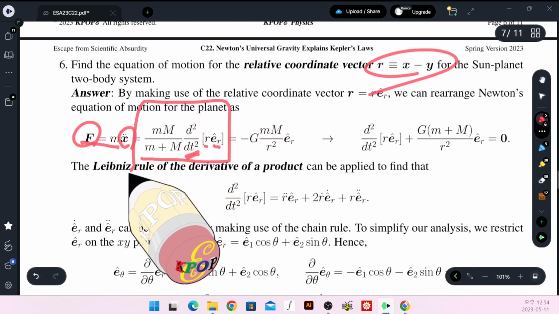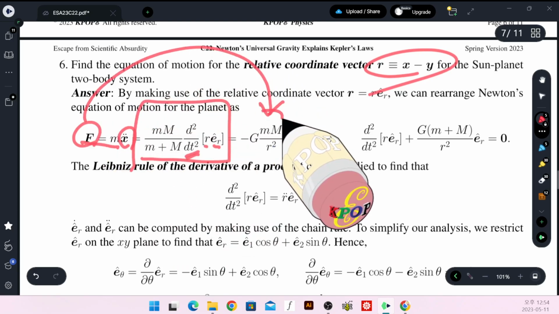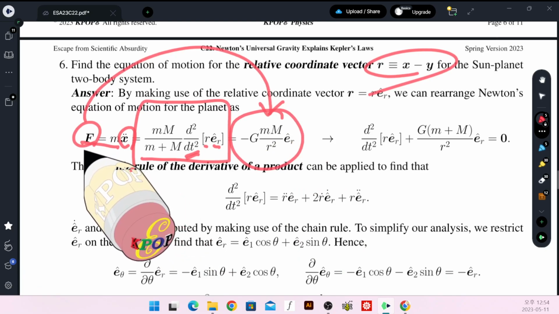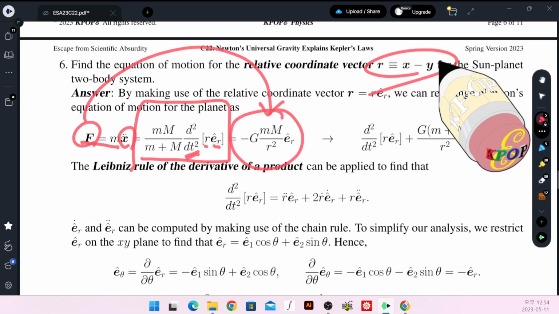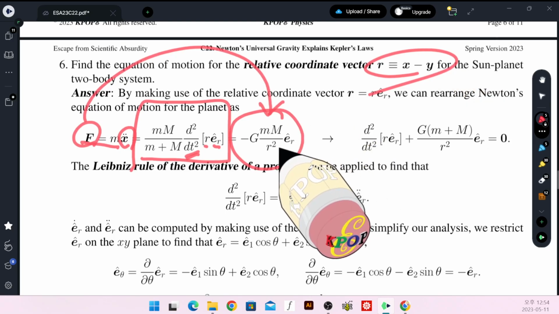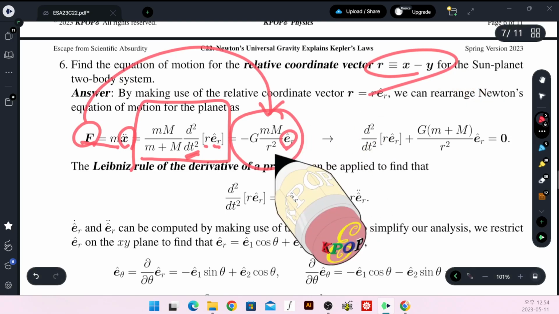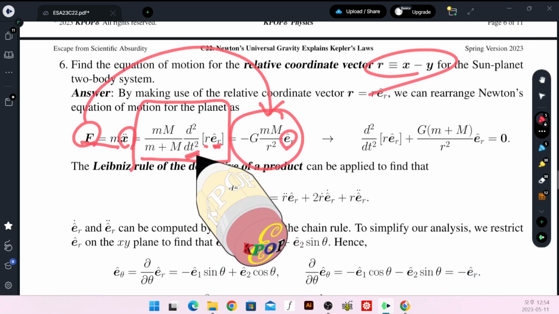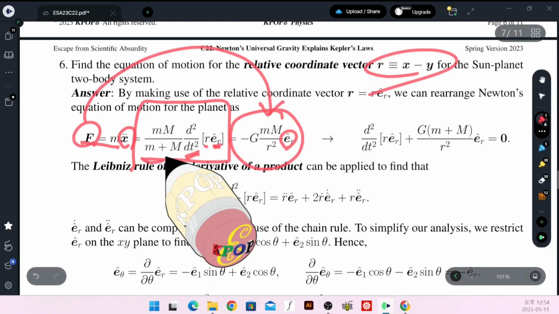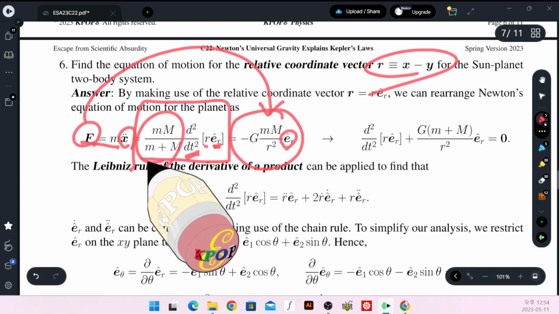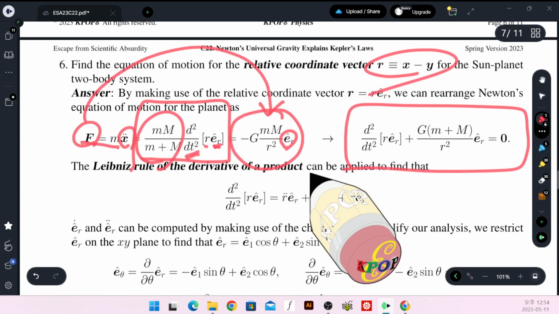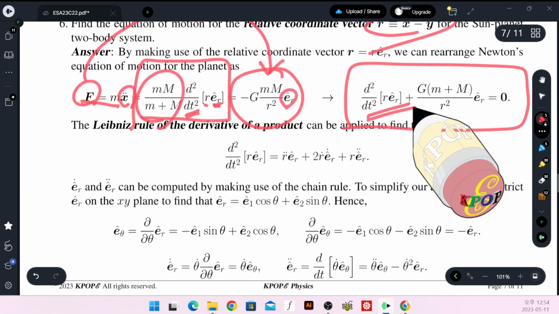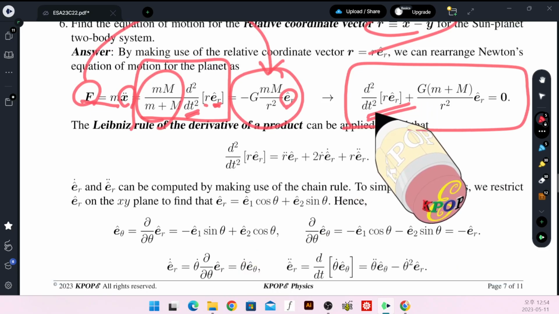Another way is we have the formula for the force applied to the two celestial bodies. Okay, so e_r hat appears here, and you need to take the double time derivative. Multiply by the reciprocal of this to simplify the equation of motion like that. Now we are ready to compute this second derivative.